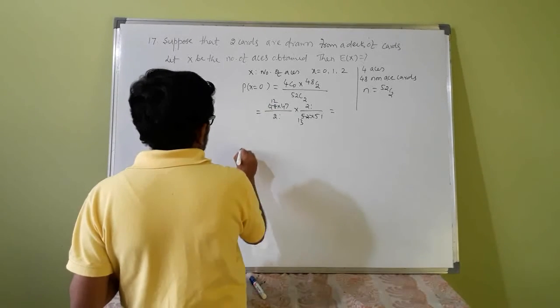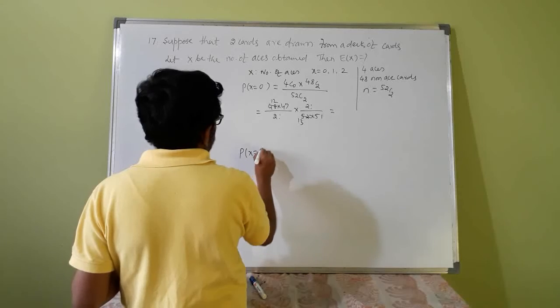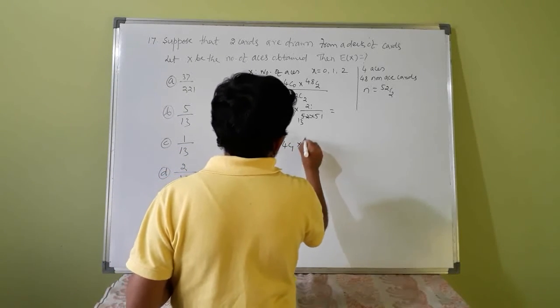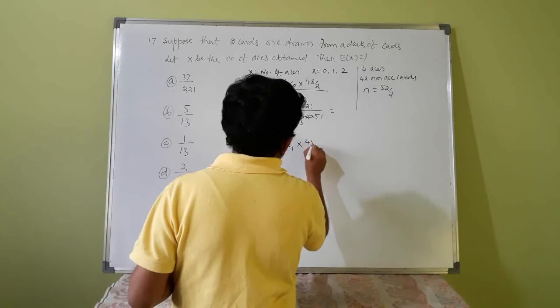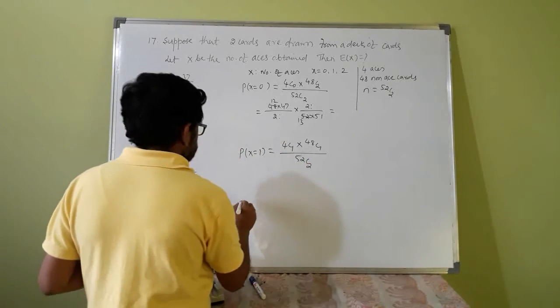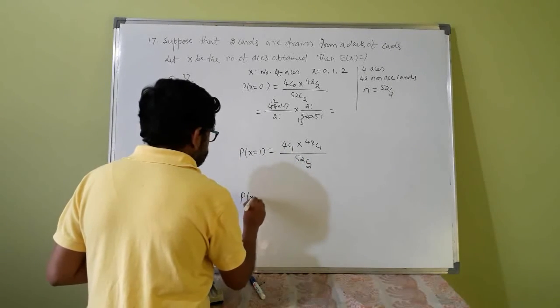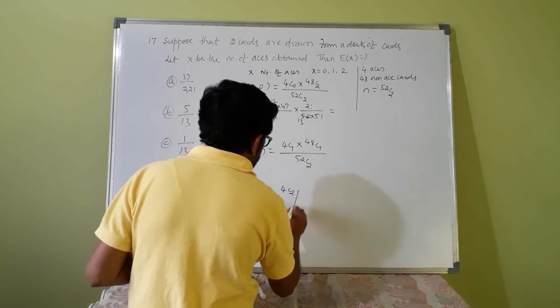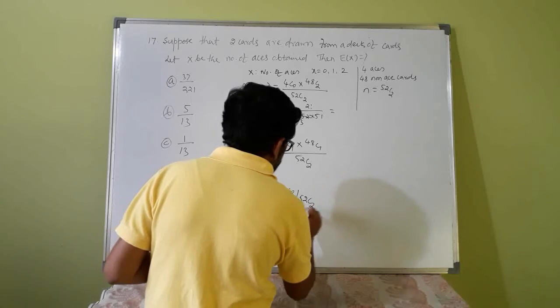Okay. X is equal to 1 means 4C1 into remaining 48C1 divided by 52C2. Similarly, x is equal to 2 means 4C2 only divided by 52C2.